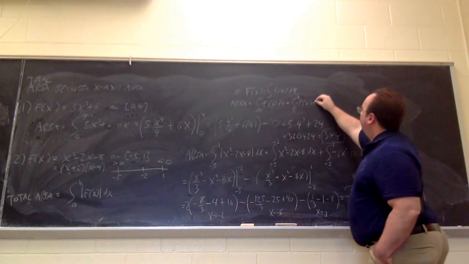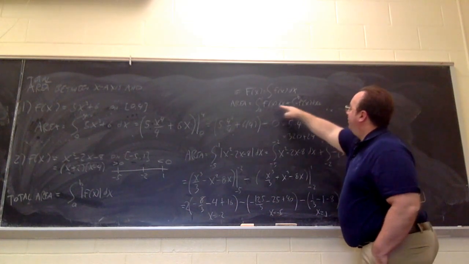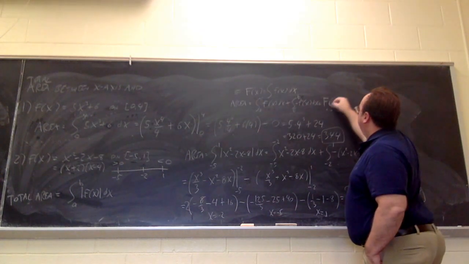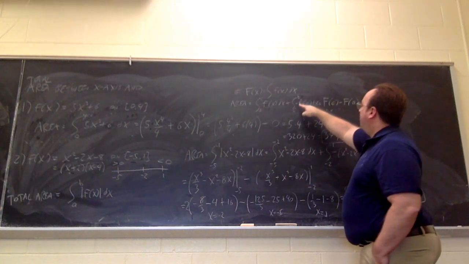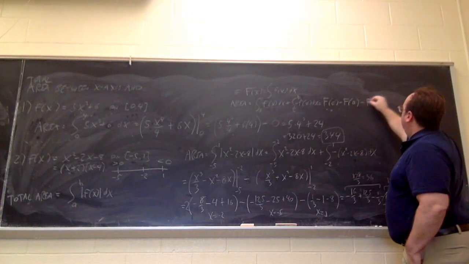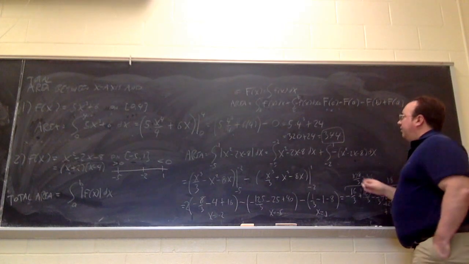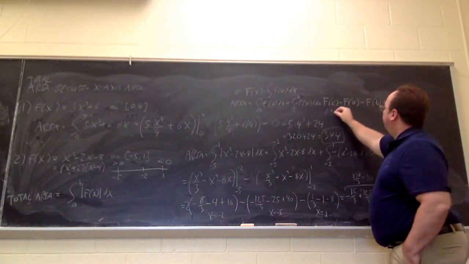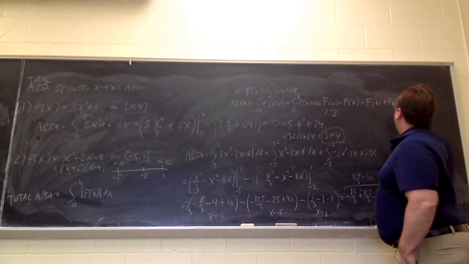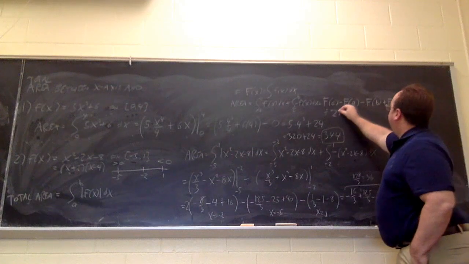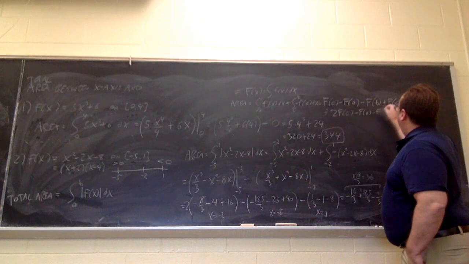Then this integral is equal to big F of c minus big F of a. And then here we have minus big F of b plus big F of c because of a minus in here. So this always simplifies to 2F of c minus F of a minus F of b.